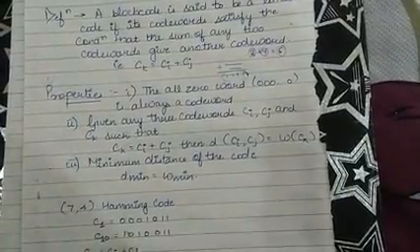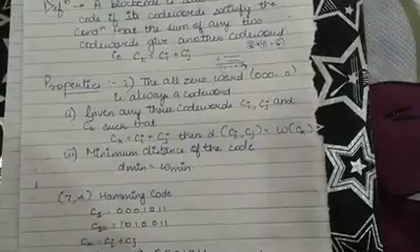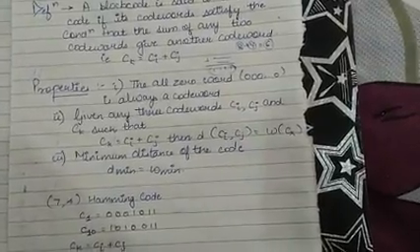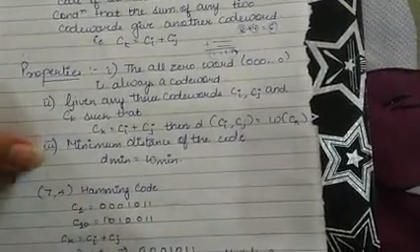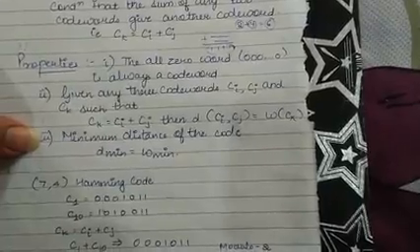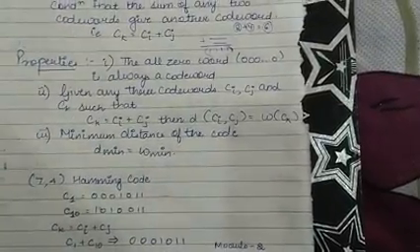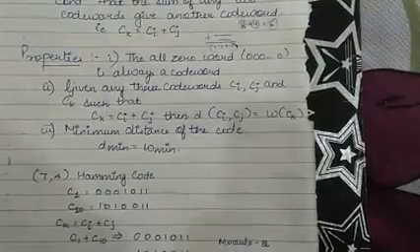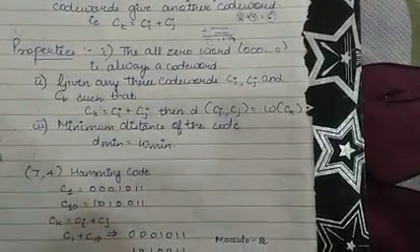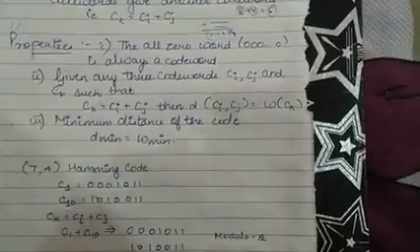You will get to know about these properties when we solve one example. And the third property is that the minimum distance of the code, d minimum, is equal to w minimum. When these three properties are satisfied, then we can say that these codes are linear codes.